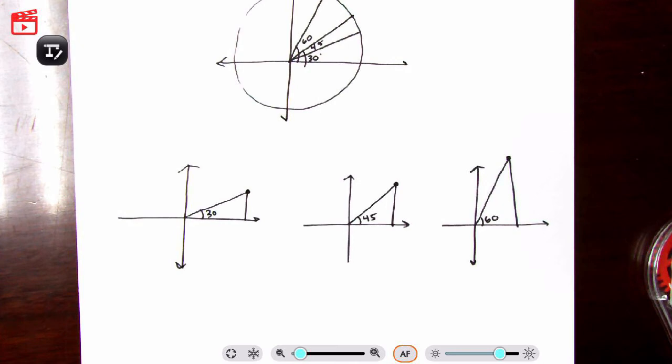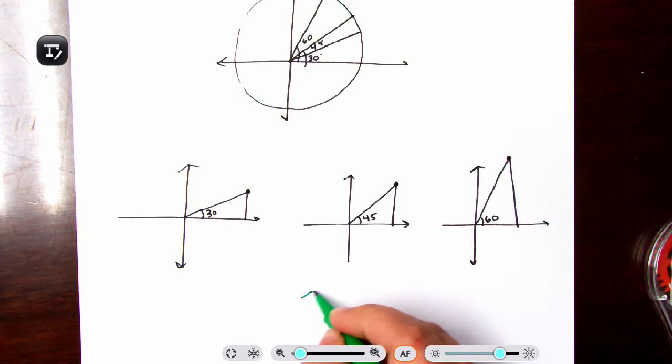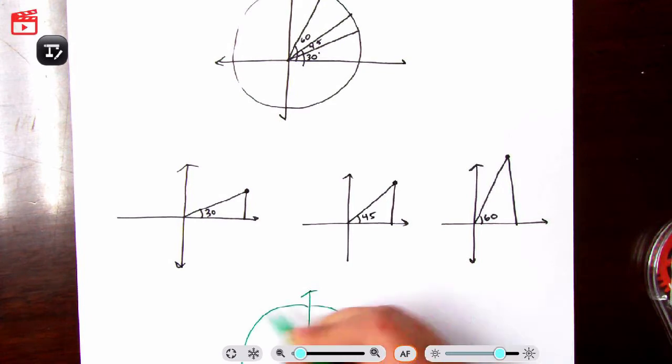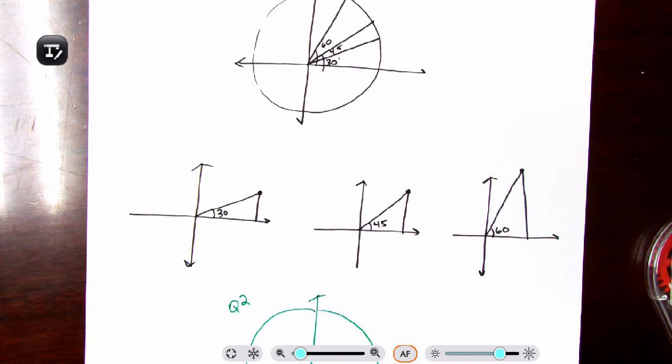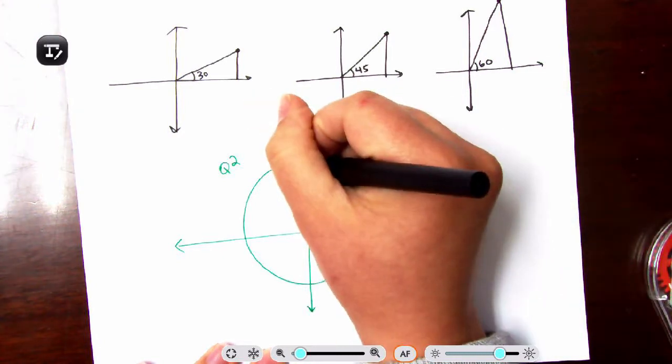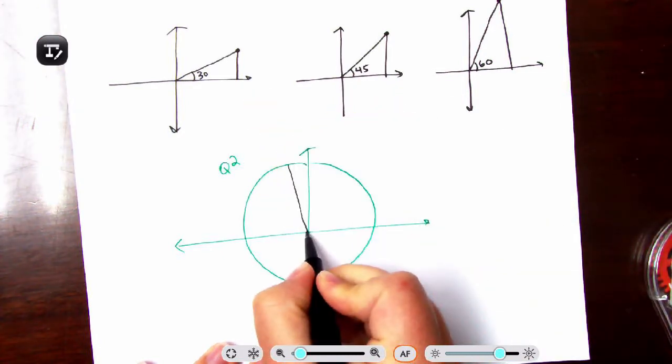So if we do quadrant 2, so let's do quadrant 2. Here's quadrant 2. And I'm going to take and copy these triangles in quadrant 2. So let's say I take my 60-degree triangle.